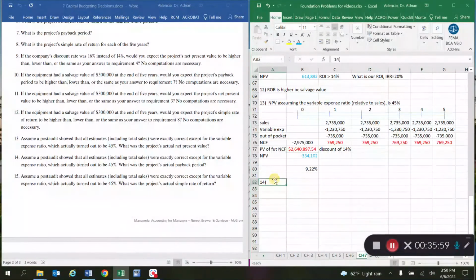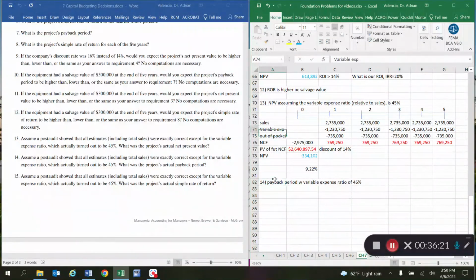So for this one, payback period with variable expense ratio of 45%. So we should be able to do this pretty straightforward.